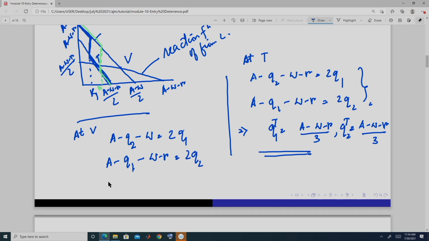So, solving these two, we get this, so this is at the point V. Okay.